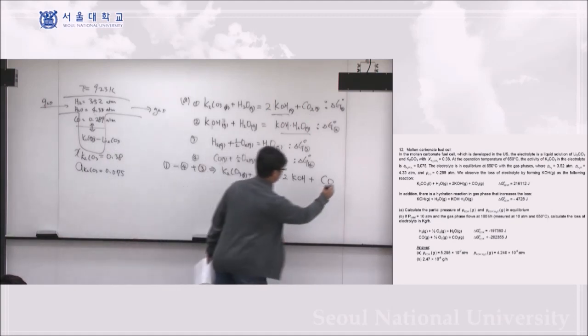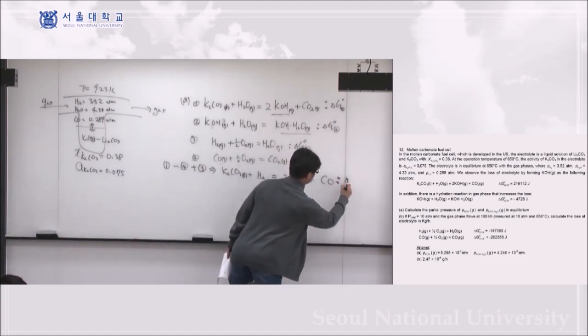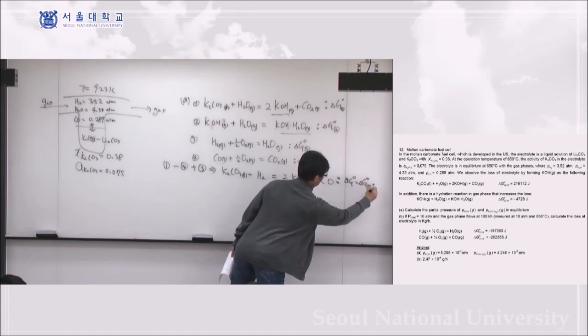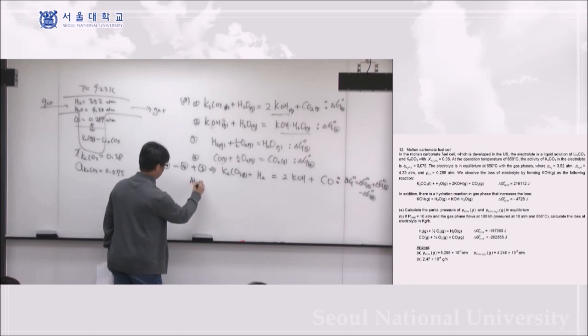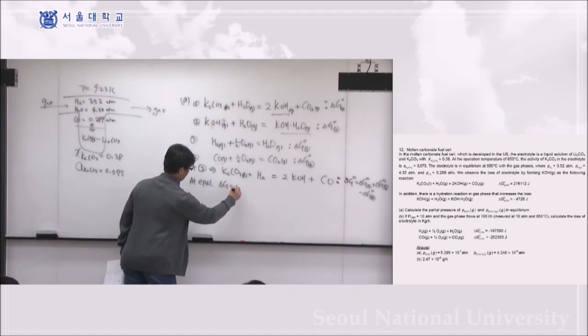Okay, so now this delta G naught 1 plus delta G naught 3 minus delta G naught 4, yeah? So at equilibrium, delta G of this reaction equal to 0.